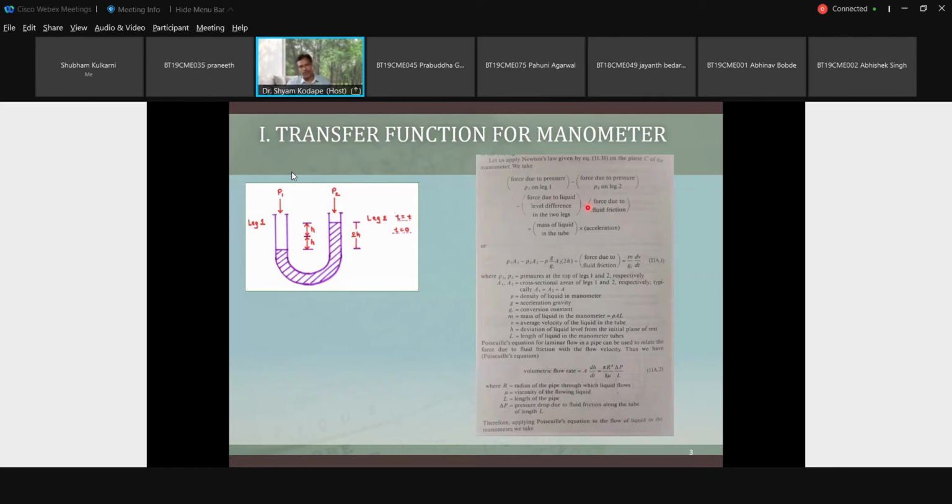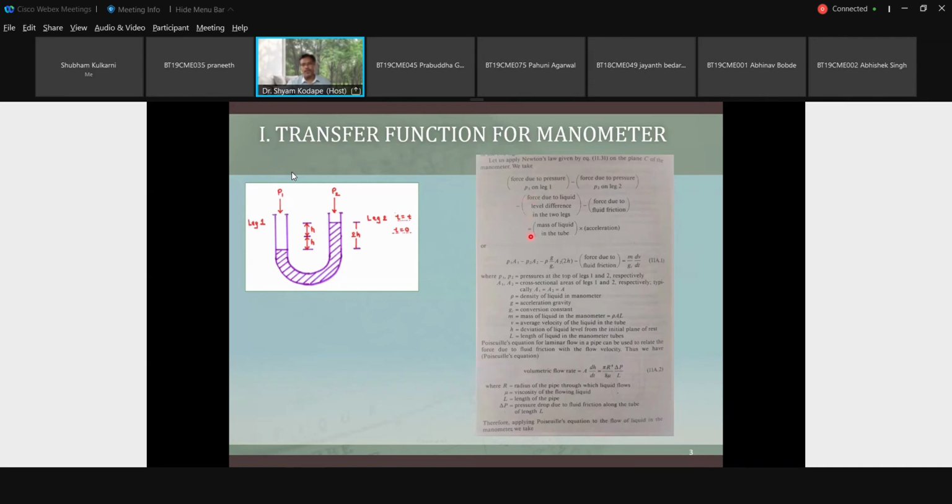Therefore, it is negative. Is this okay? So these are the forces involved in the manometer.